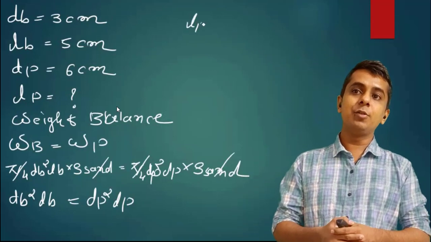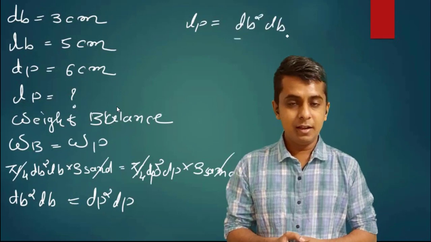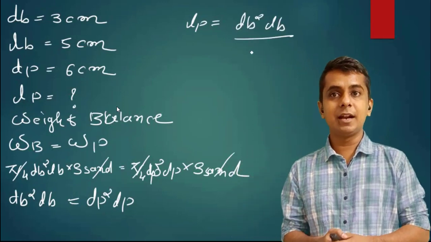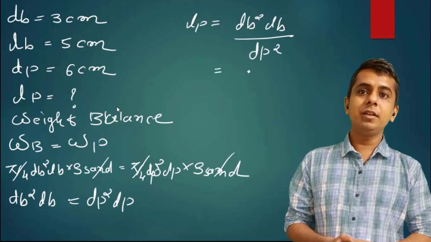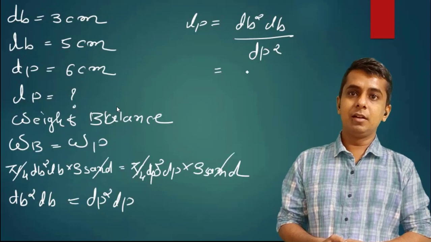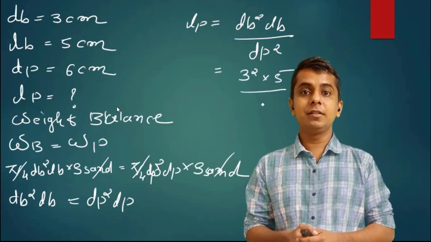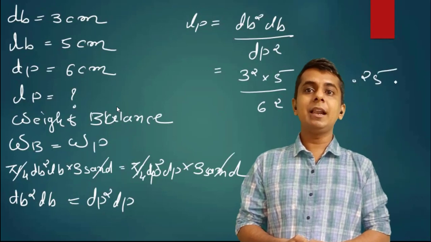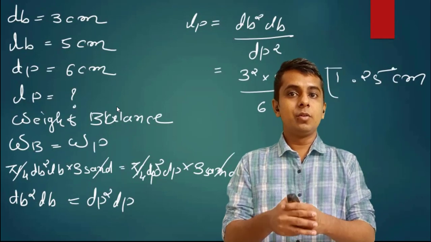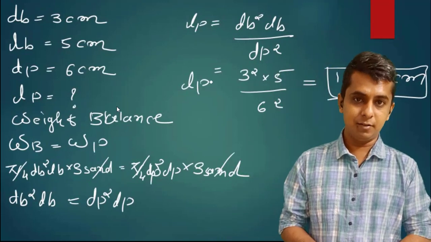Now you have the values of dB, LB and dP, so you can obtain the length of the print, LP, which is unknown. Putting in these values, LP is equal to 1.25 centimeter.